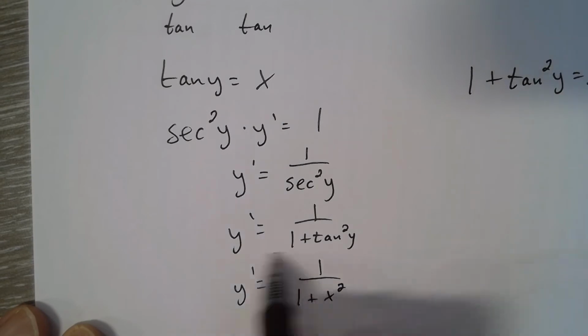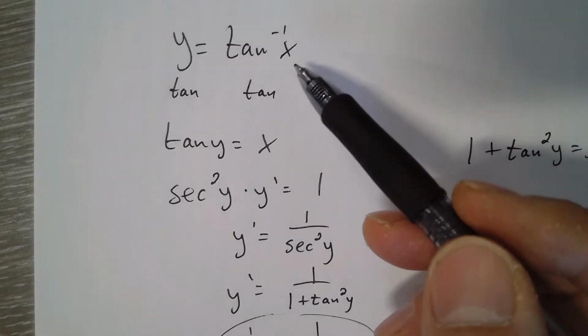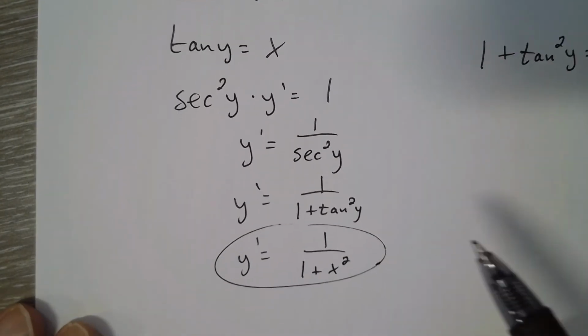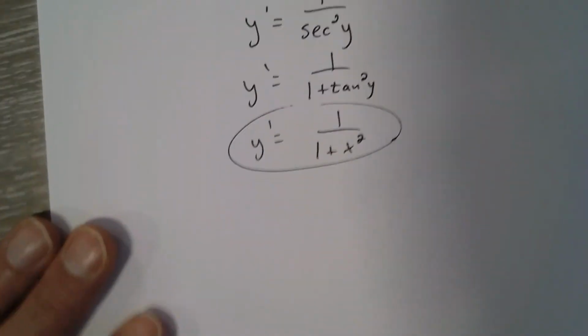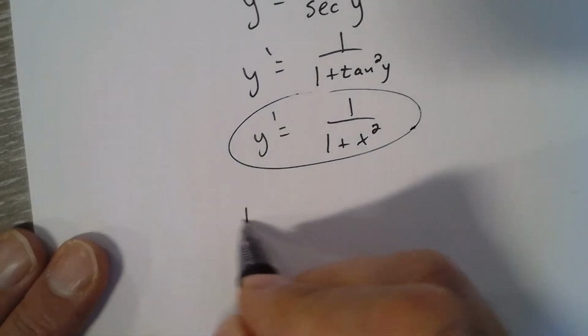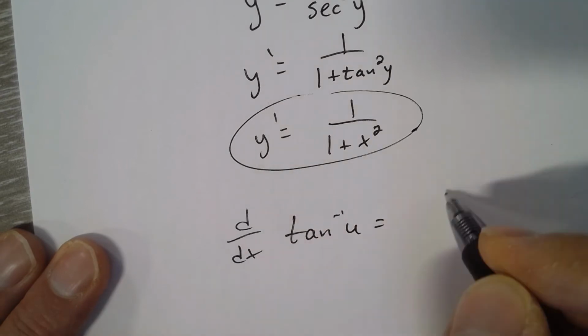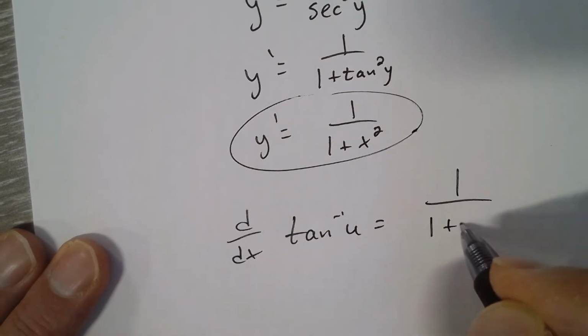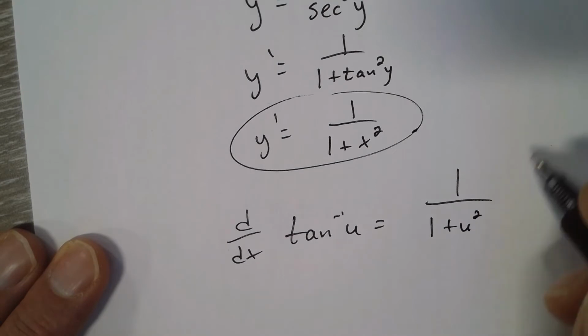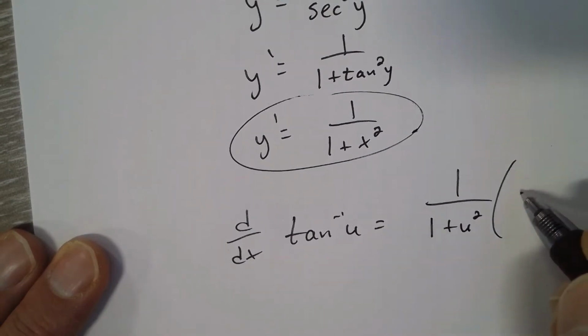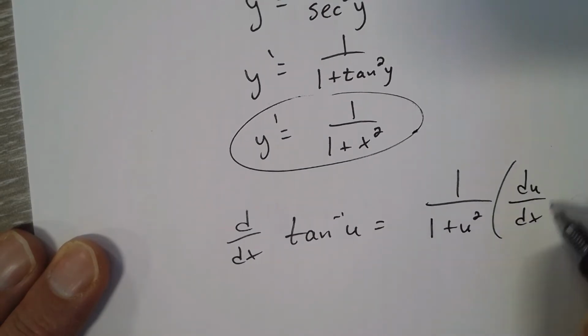So this is the derivative of inverse tangent x, 1 over 1 plus x squared. The general form would be the derivative of inverse tangent u is equal to 1 over 1 plus u squared, and then times du dx.